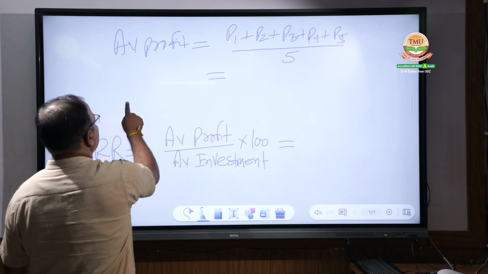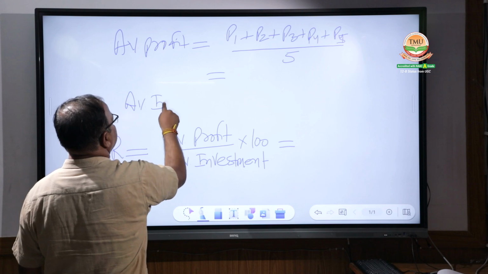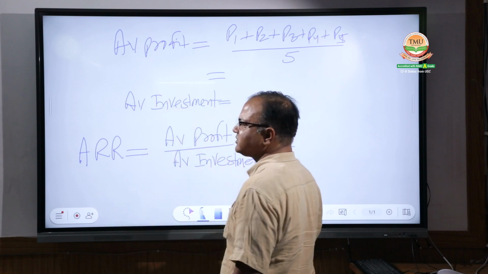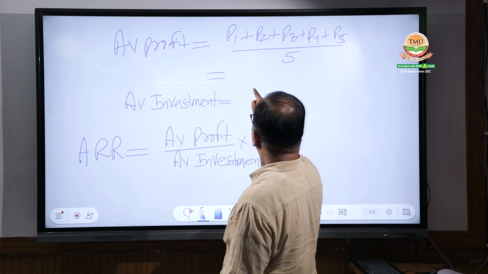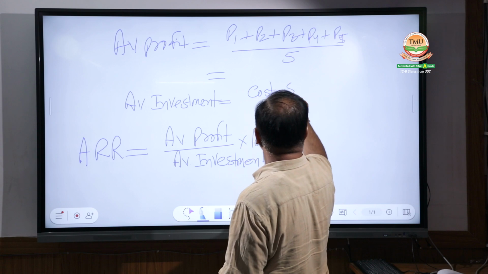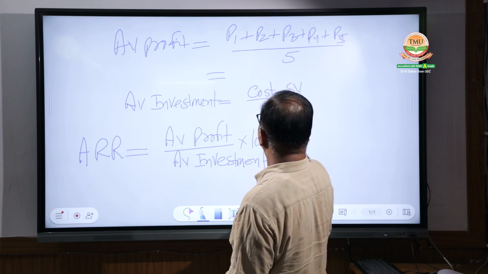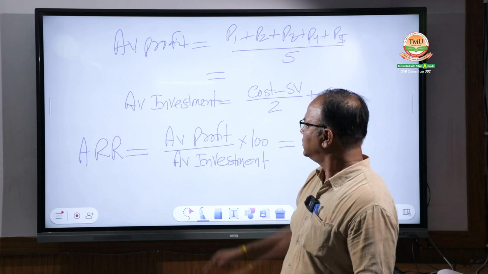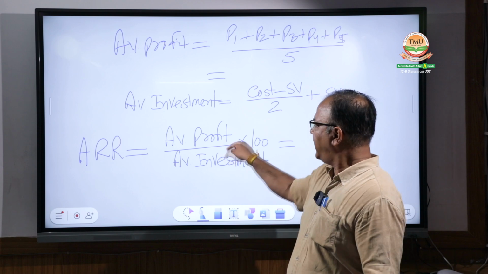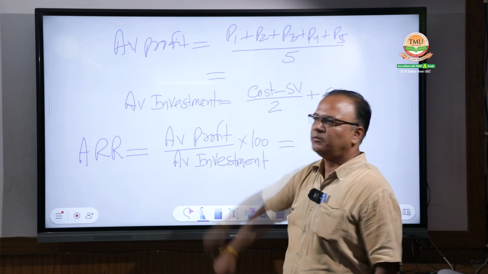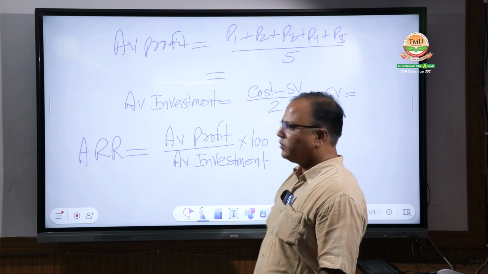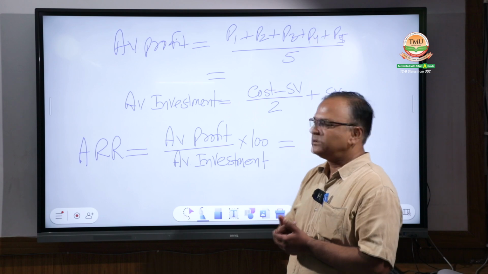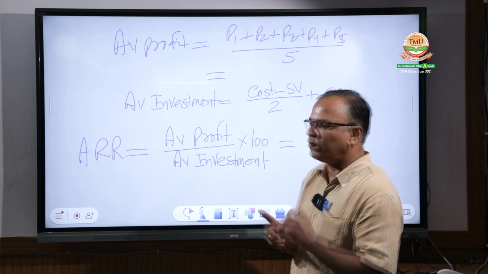After that, average investment is equal to cost minus scrap value divided by 2 plus scrap value. So this is the formula, and you have to find out the figure using these formulas. Now again we come to the question. The cost of the machinery is rupees 80,000.